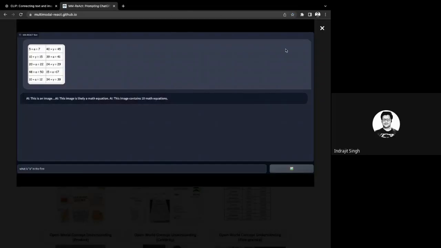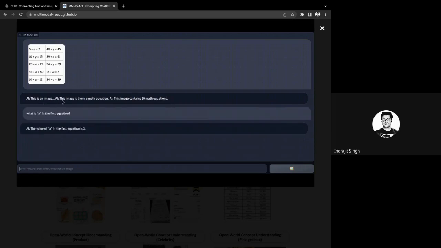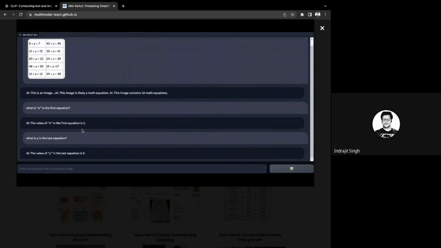Now you see this AI. We are giving the AI an image, and the AI explains that this image is likely a math question containing 10 math equations. Now you ask what is A in the first question, 5 plus 2 is 7, and it says the value of A in the first equation is 2. Similarly, what is Y in the last equation?